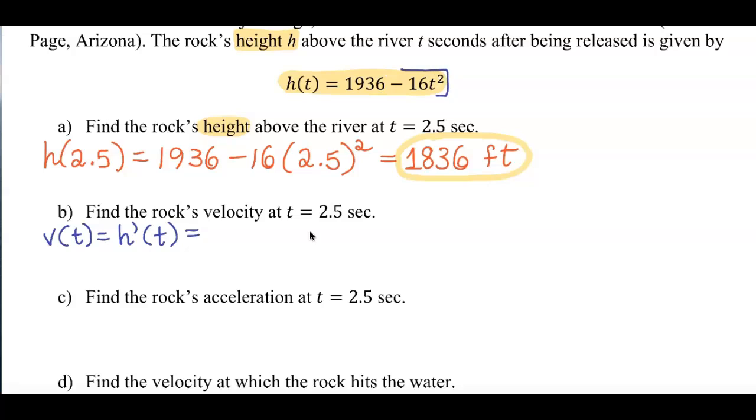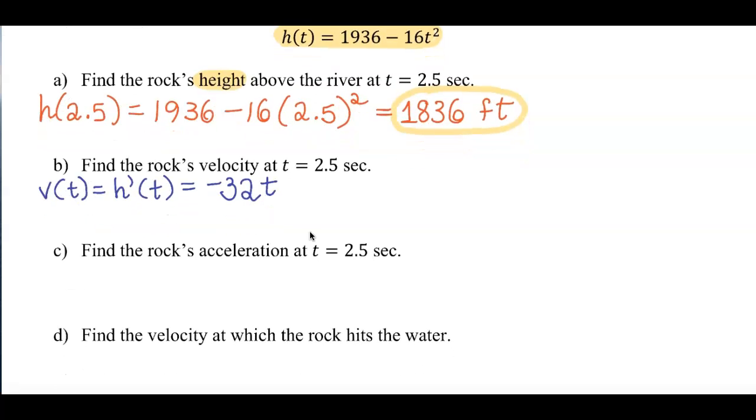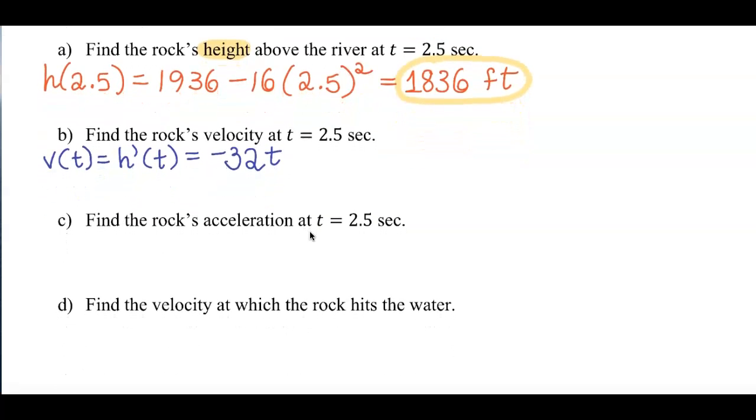The derivative of negative 16t squared is negative 32t to the first power. So we found the velocity function, which is the first derivative of our height function. Let's now plug in 2.5 into this function. So let's do negative 32 times 2.5.